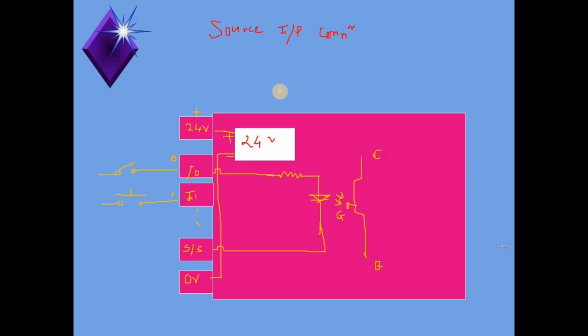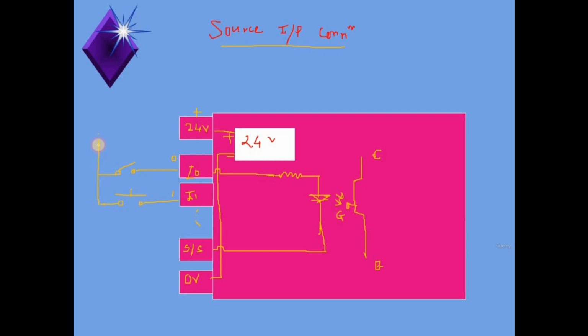Here we are discussing the source input connection. If you want to connect your field input in the source input connection form, we have already discussed the field input devices, which we need to connect to the positive side of the power supply, like this.